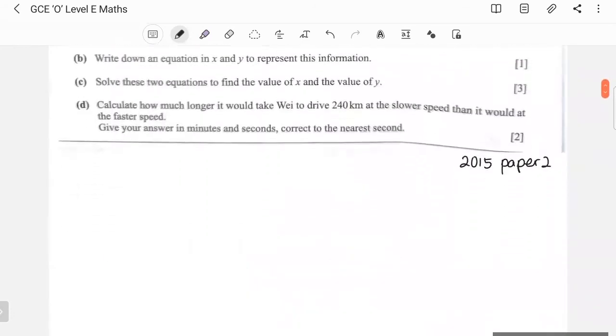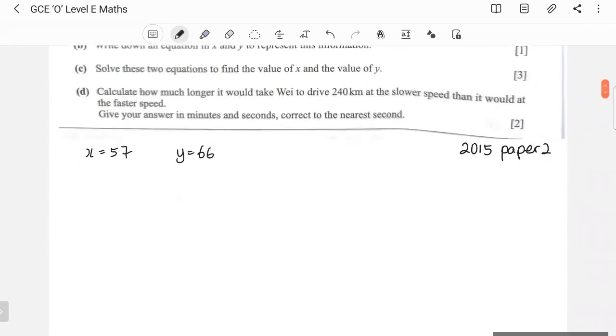For the last part, D, we want to calculate how much longer it would take Wei to drive 240 km at a slower speed than at a faster speed. We have two speeds given, x equals 57 and y equals 66.